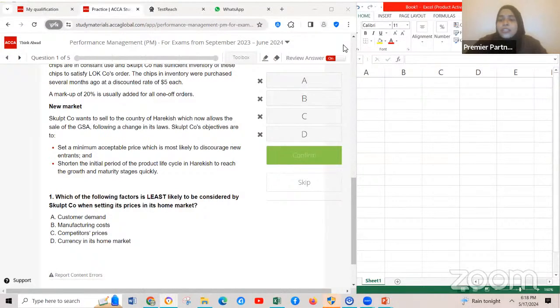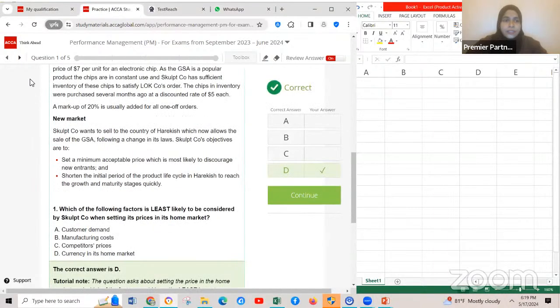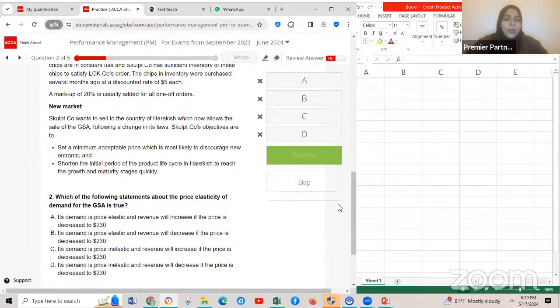Shall we go with Amruti's answer? Currency in its home country. Could be, because they're selling in their home market, then why would they need a currency? Least likely. Okay, we are going with that answer. Correct. Very good.